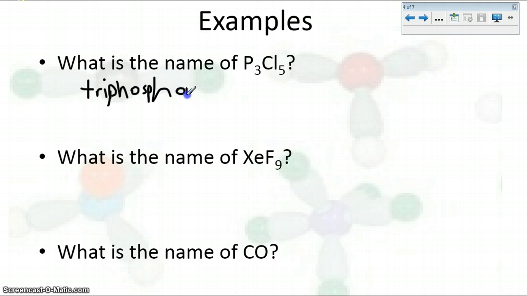I left my smart slate at school, so I am using just the mouse on the computer, so that's why my writing looks so interesting. Triphosphorus, and then 5 is penta. So we're going to put penta, and then Cl is chlorine, and we're going to change the ending to ide. So it's going to be pentachloride.